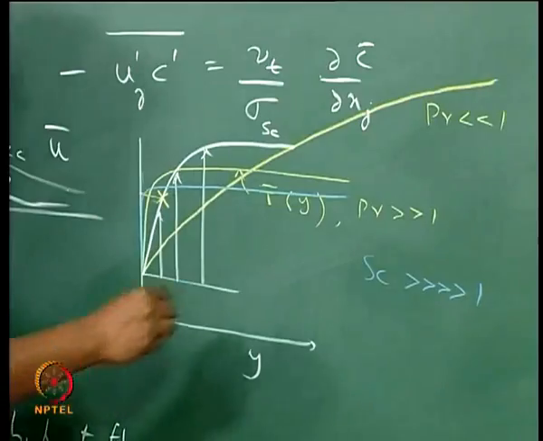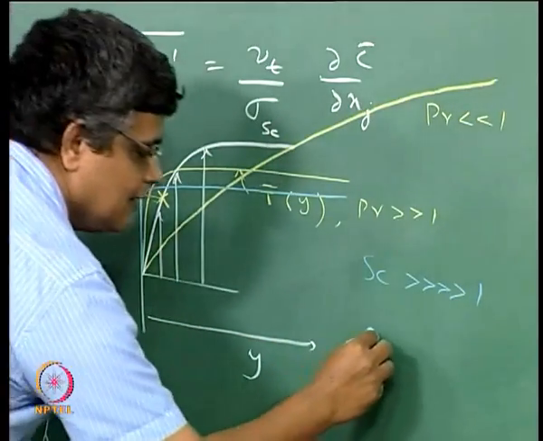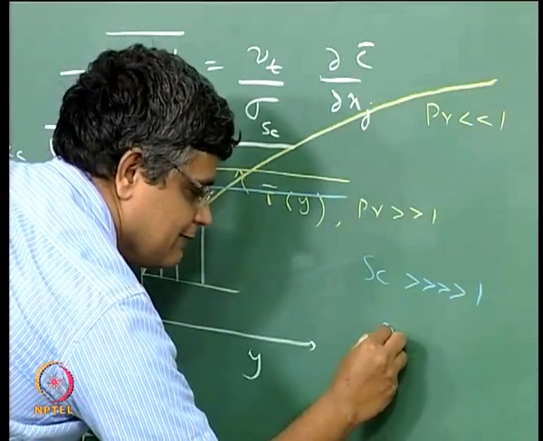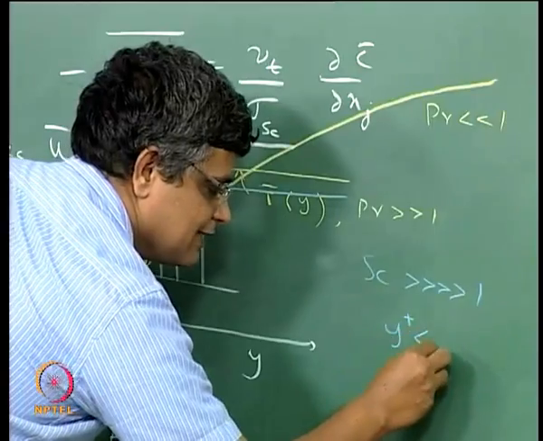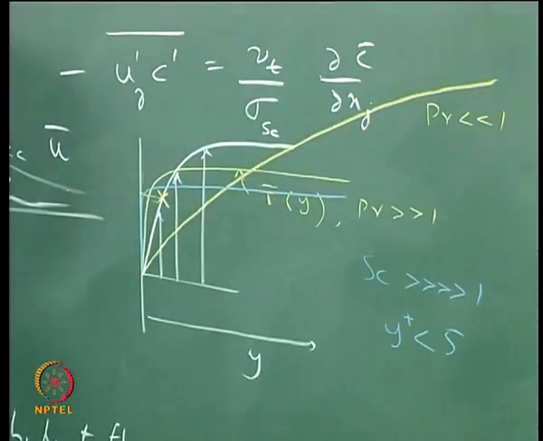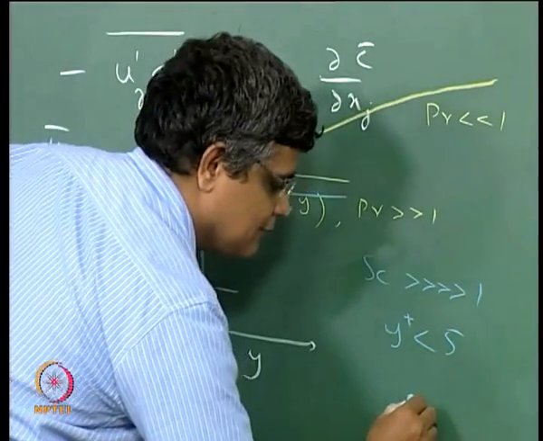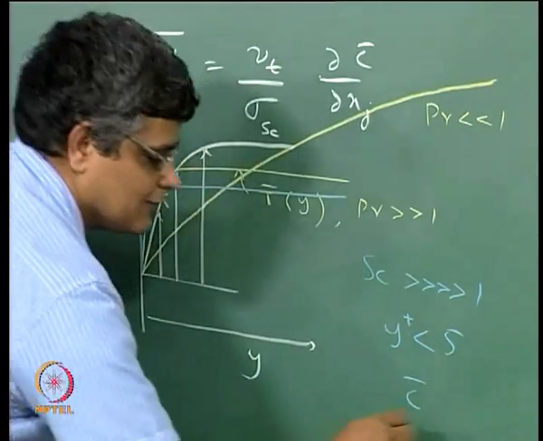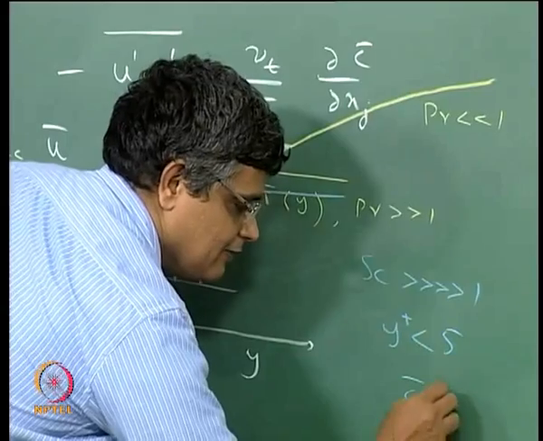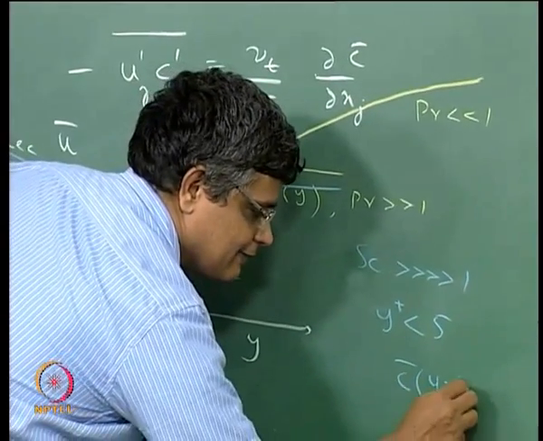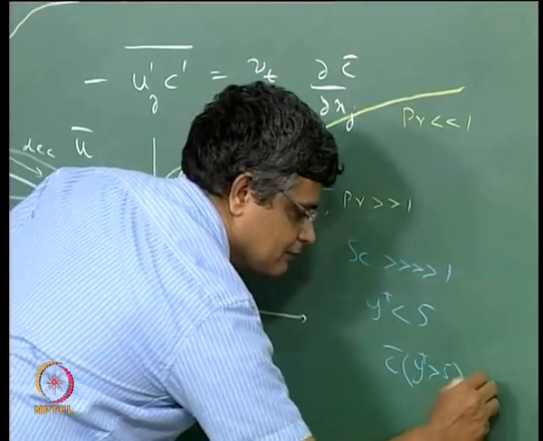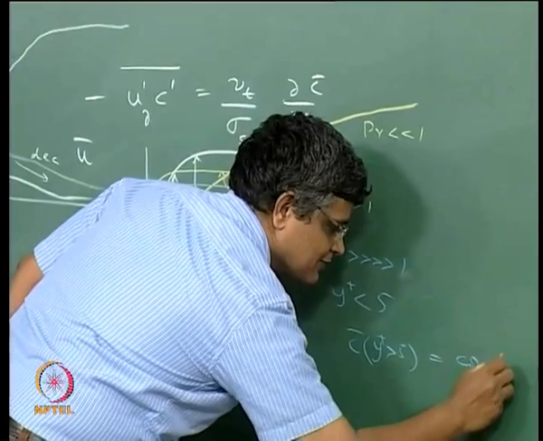That means that typically for these values, even within y plus of greater than 1 itself, that is within the viscous sublayer itself, the mean concentration for y plus greater than 5 may become constant.